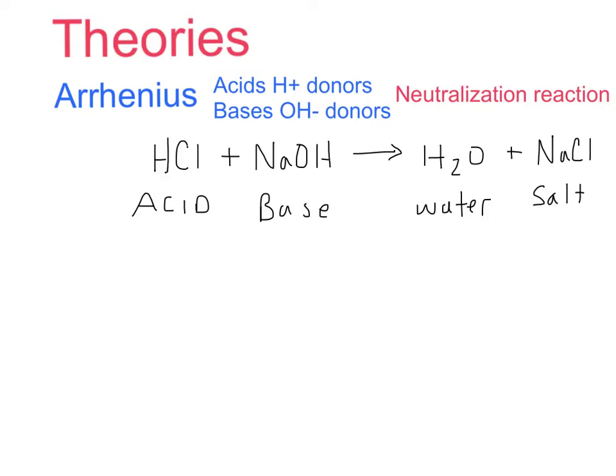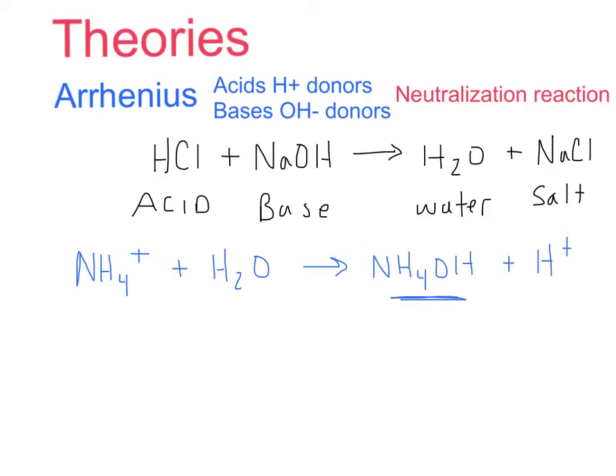But if the salt is something like NH4Cl, it separates so you get NH4, and that goes with water, and what we get is NH4OH plus H plus. Well, this right here is a weak base, but this causes the water to be slightly acidic because it's an acid.